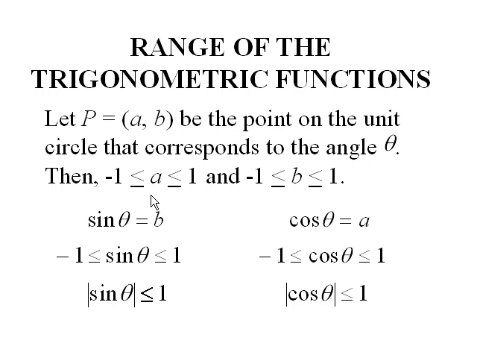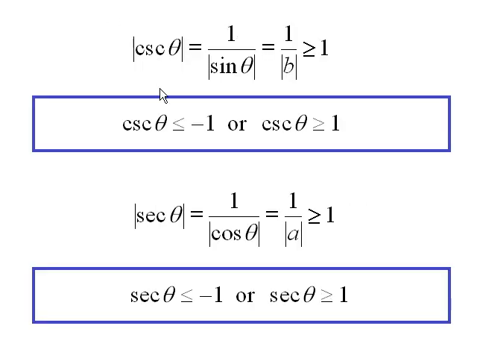How does it work for the other trig functions? Cosecant's the reciprocal of sine. Think about it this way. If you've got a number less than 1, its reciprocal is guaranteed to be bigger than 1. So less than or equal to 1 in absolute value guarantees that the reciprocal is bigger than or equal to 1 in absolute value.